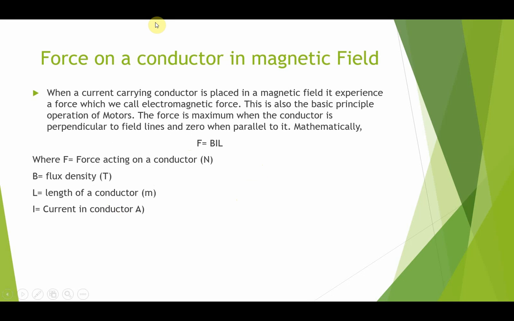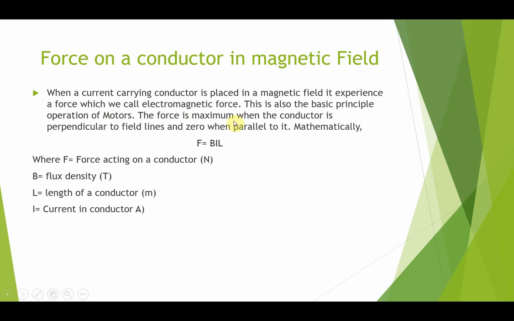Force on a conductor in a magnetic field. When a current carrying conductor is placed in a magnetic field, it experiences a force which we call electromagnetic force. This is also the basic principle of operation of motors.